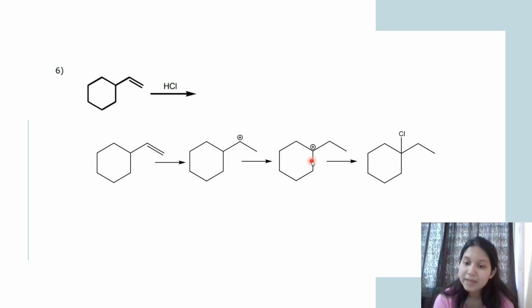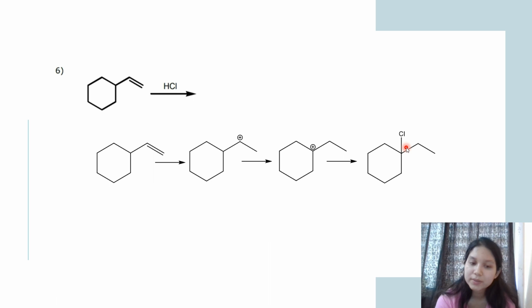This will be attacked by the chloride anion present, and you get the chlorine substituent at the junction of the ring. Thus, the final product formed in the reaction is chloroethyl cyclohexane.